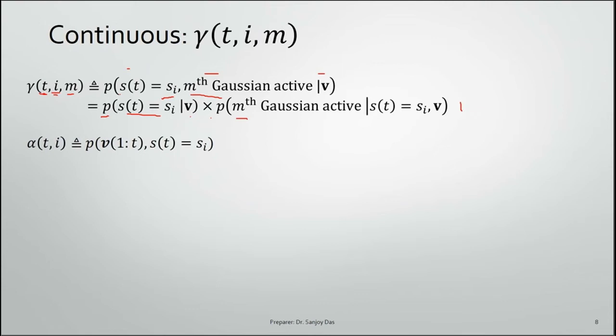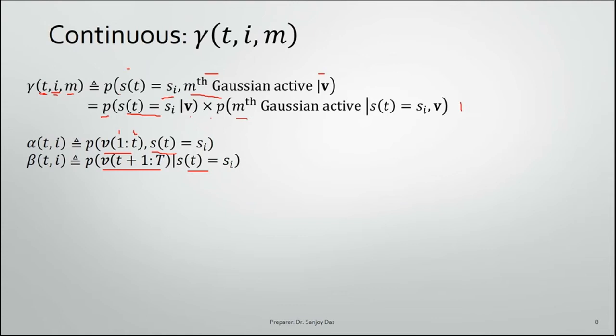Now, we already know alpha_t(i) is the probability of the output sequence from t equals 1 through the current time t and s_t equals s_i. That's alpha_t(i). We have seen this in the forward algorithm. Similarly, when we discussed the backward algorithm, we defined beta_t(i) as the probability of the future output sequence v given the state at time t is s_i.